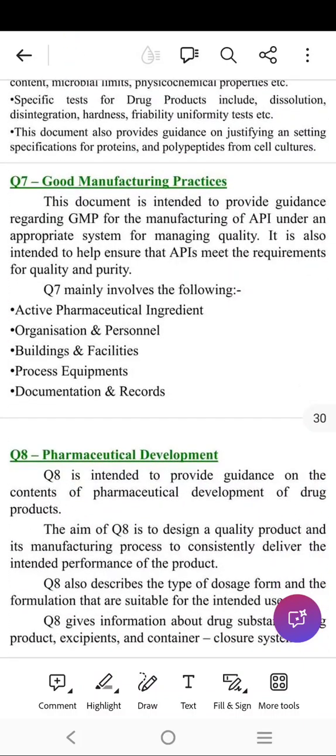Q7, I think many people are aware of this. Q7 is good manufacturing practice. This document is intended to provide guidance regarding GMP for the manufacturing of APIs under an appropriate system for managing quality. It is also intended to help ensure that APIs meet requirements for quality and purity.